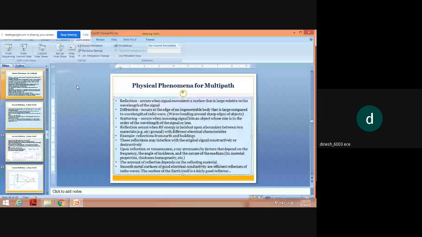Foliage is the densely available leaves, or denser leaves, which can cause reflection also. So this reflection interferes with the original signal either constructively or destructively.